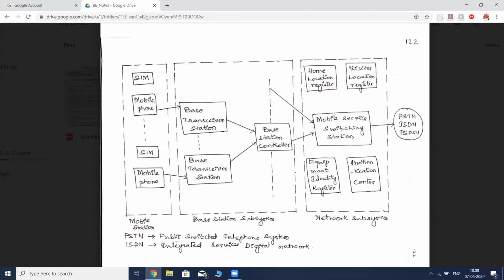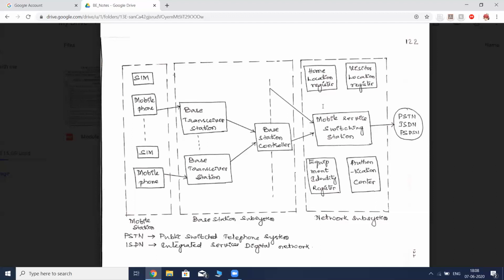This mobile switching station will route the call to the telephone network. Though you are using a mobile, your wireless communication is only from the mobile station to the network subsystem.